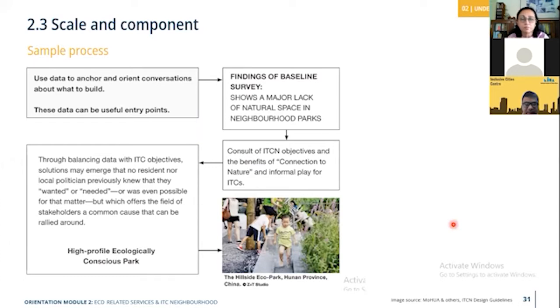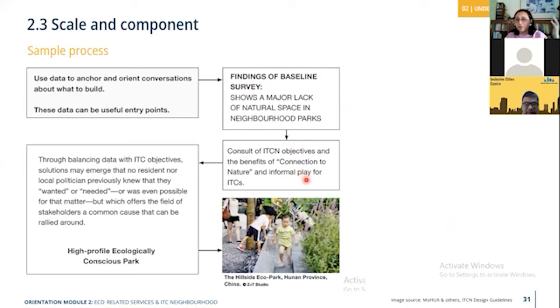Some sample processes picked up from the matrix: if you want to carry out any new project, the first thing to do is collect the data. Once you have a baseline survey, it might show, as you can see here, a major lack of natural green environment in these neighborhood parks. Then a consultation process is required for understanding the ITCN objective.